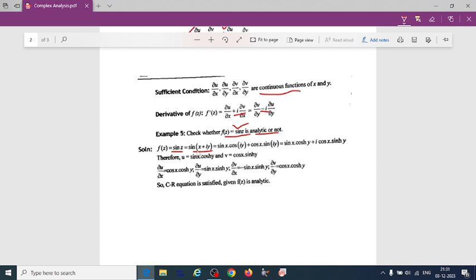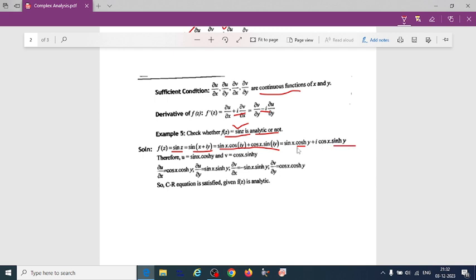Then we can write the formula for sin of a plus b. According to that you can write the equation here. So this cos iy is what in terms of hyperbolic function. So sin x cos hy plus i cos x sin hy.